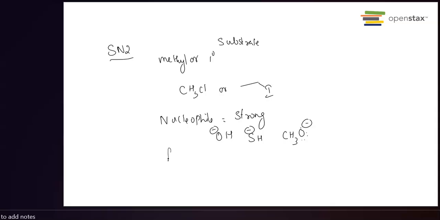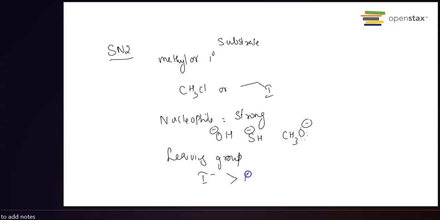So these are examples of strong nucleophiles. Then regarding the leaving group, we talked about groups that can be stabilized in their anionic form. So halogens, like halides, are all good leaving groups, and among the halides, iodide, which is the largest one in size, is the easiest one to leave.